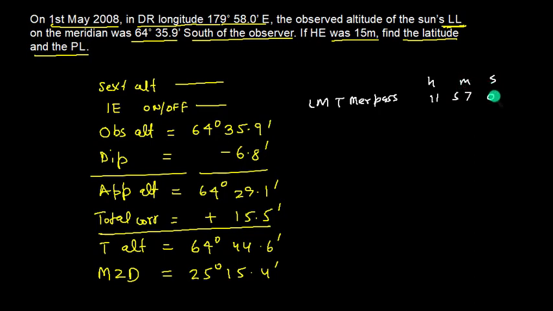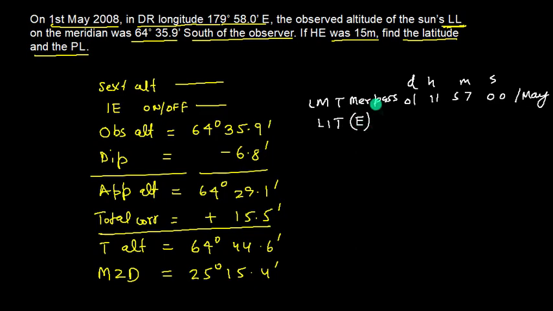Second, let's put 00, the day is 1st and the month is May. Now, let me find out LIT, longitude in time, and this longitude is east.